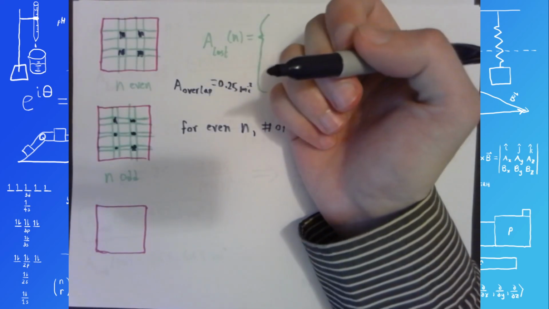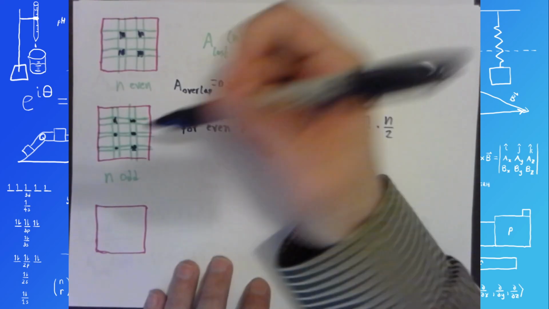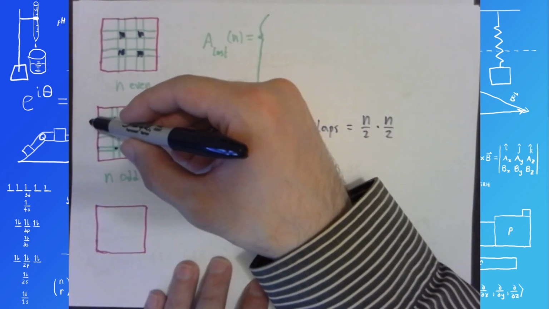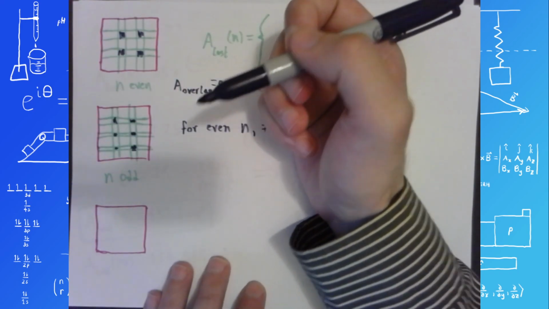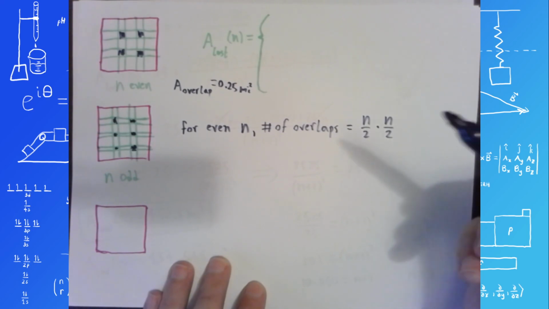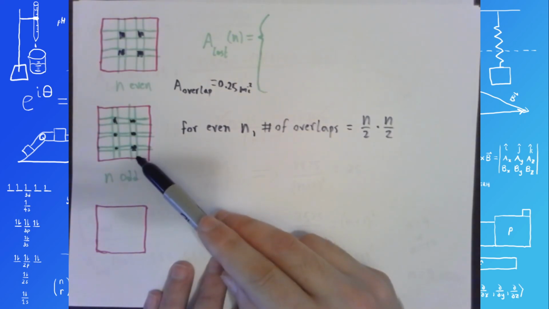But for odd n, that's not going to be the case. In this case, we've got 5: 1, 2, 3 horizontal plus 4 and 5 vertical. If I have an odd n, then I've got 2 versus 3.